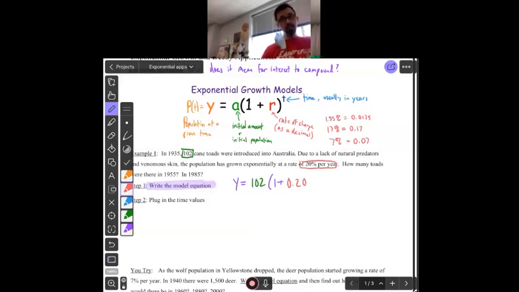We don't need that second 0 if you don't want it. I don't usually write it. To the t. You are going to leave t as a t. This is the model equation. I want you guys to write it this way.